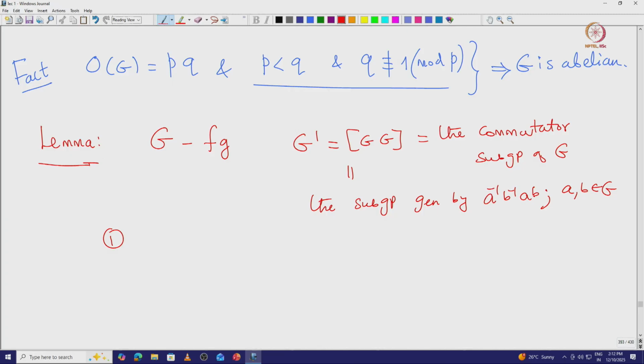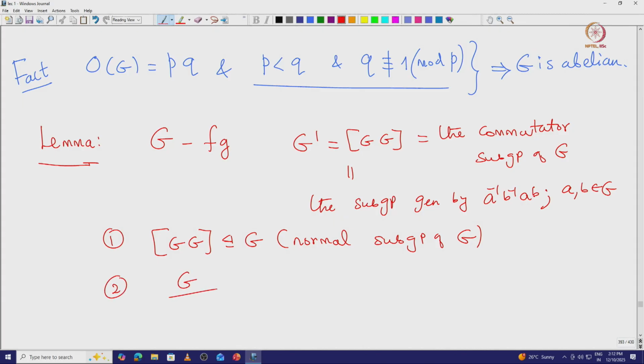So, here are some facts about this commutator subgroup. The commutator subgroup [G,G] is always a normal subgroup of G, and when we take the quotient, that must be abelian.